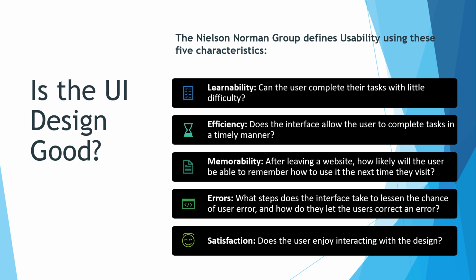That is not good UI design. Efficiency: does the interface allow the user to complete tasks in a timely manner? Again, am I having to search for everything? If I'm taking too long to do something, then that's not good UI design.